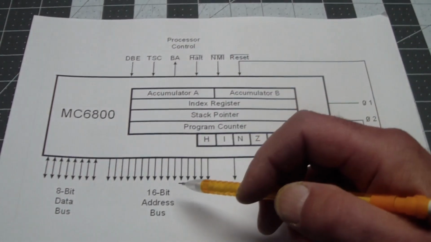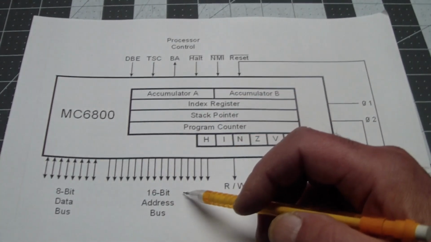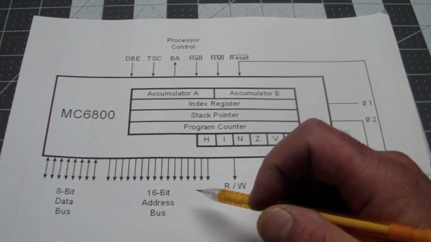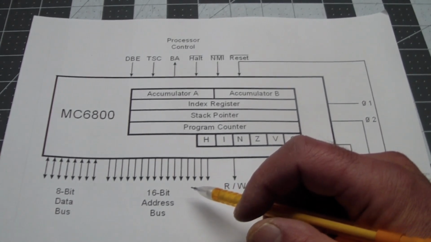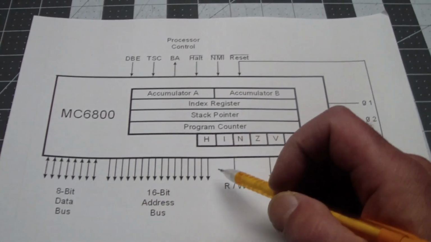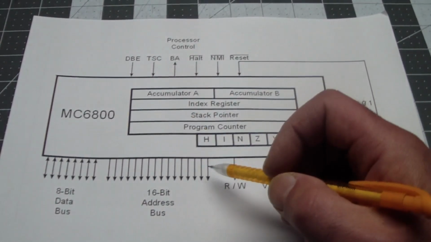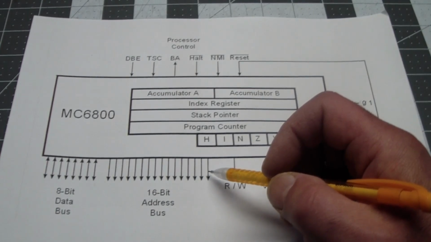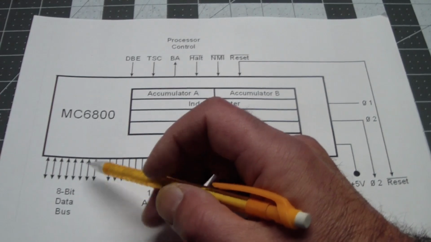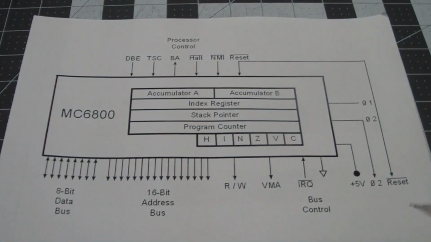It has RAM, it has ROM, a serial port or two, a floppy disk controller, a blinking LED, whatever. This gives the address of what hardware it wants to talk to, whether reading it or writing it, and this is the actual data, either coming out or going back in. Then we have a bunch of control lines.